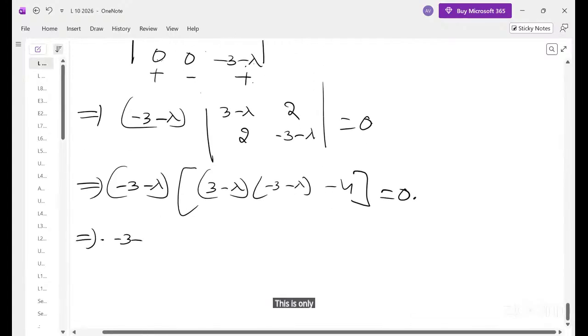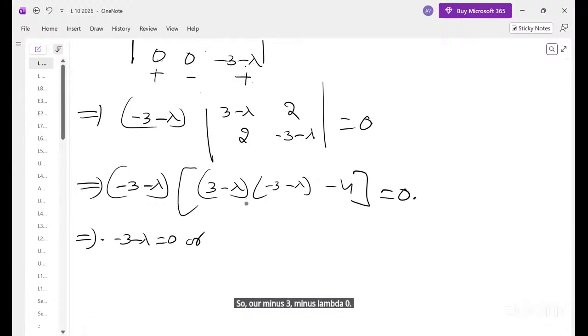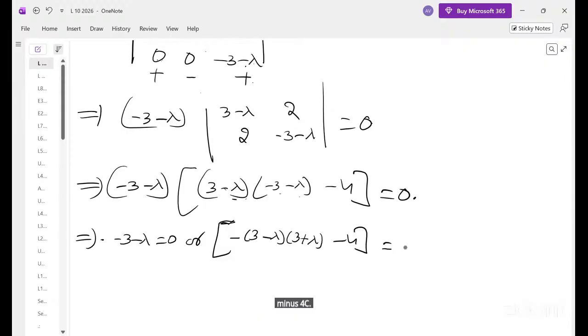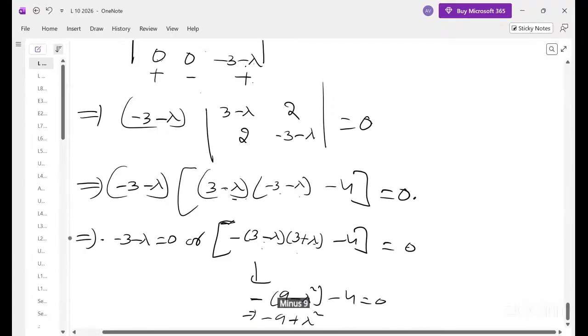So minus (3 plus lambda) equals 0, or here, when you expand, it will be minus common (3 plus lambda) into (3 minus lambda)(3 plus lambda) minus 4. This is A squared minus B squared. So this will be 9 minus lambda squared minus 4, that is minus 9 plus lambda squared minus 4.